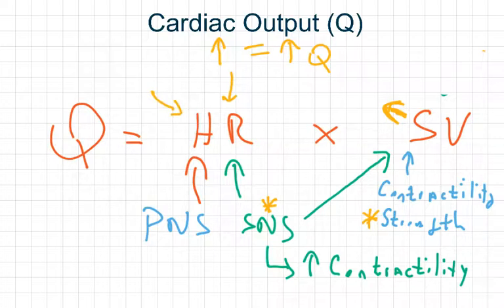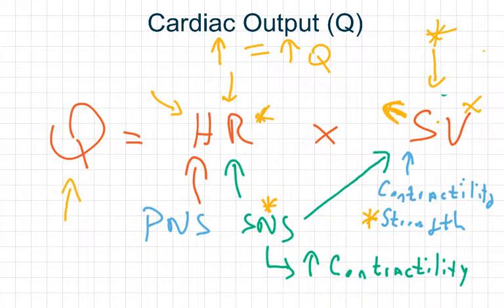We detected that during the blood pressure lab, and conversely, you will have increases in stroke volume as well. So with an increase in either one of these variables, you will have an increase in Q.